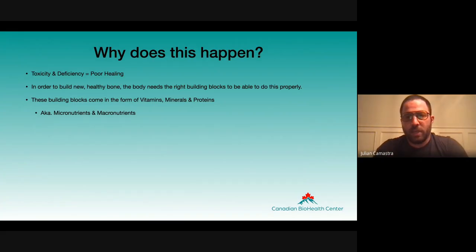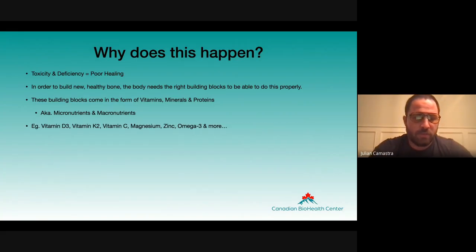If someone's ideal body weight is 140 pounds, then that's 140 grams of protein per day. That's one of the key pillars of our bone healing protocol. And then the micronutrients are the vitamins and minerals. That's vitamin D3, K2, vitamin C, magnesium, zinc, omega-3, and more. These are some of the main ones that we focus on.